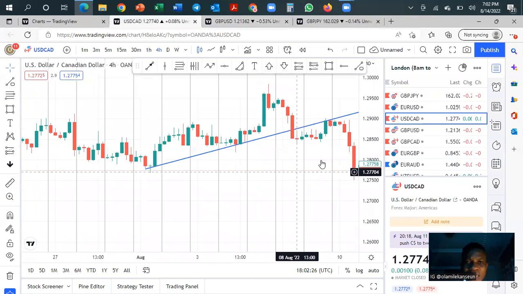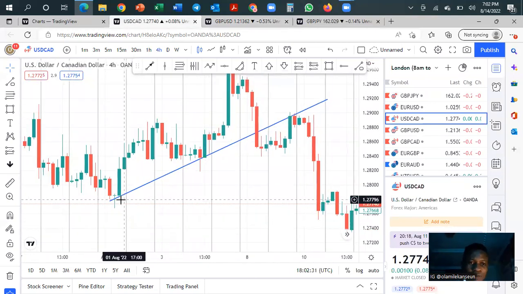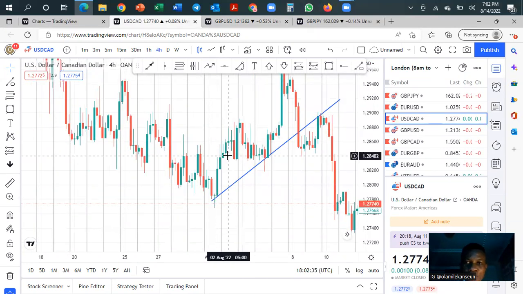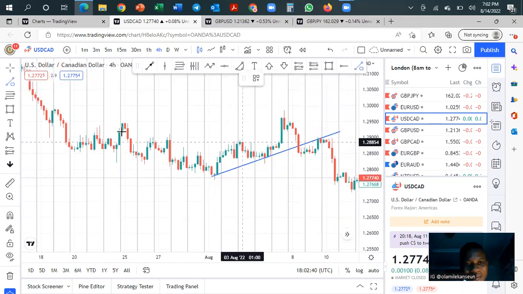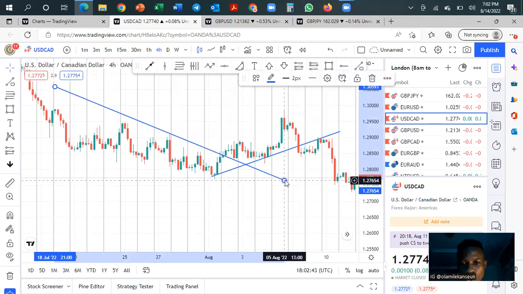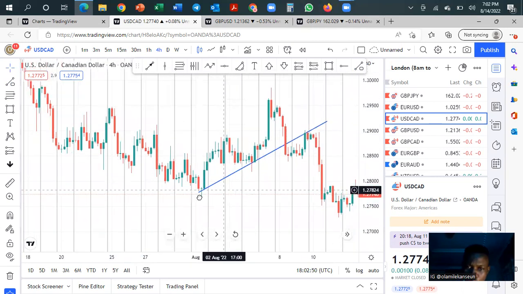You will notice that on the 4 hour time frame, when you draw your trend line starting from this previous low, before this previous low the market was on a bearish move. But when the market got to this point, the market started creating a structure.